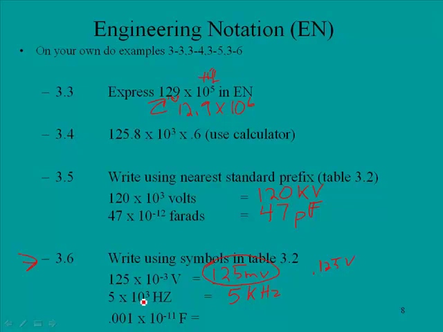We want to go one more negative, so we would need to move that decimal point one more to the right, so we'd move it over here to 0.01, and then we could make this to the 12th, so we could say 0.01 and that would be in picofarads. Please do all of the problems that are in 3.3, 3.4, 3.5, and 3.6.